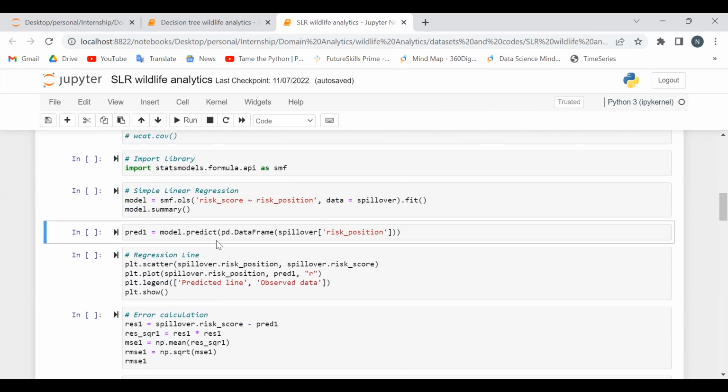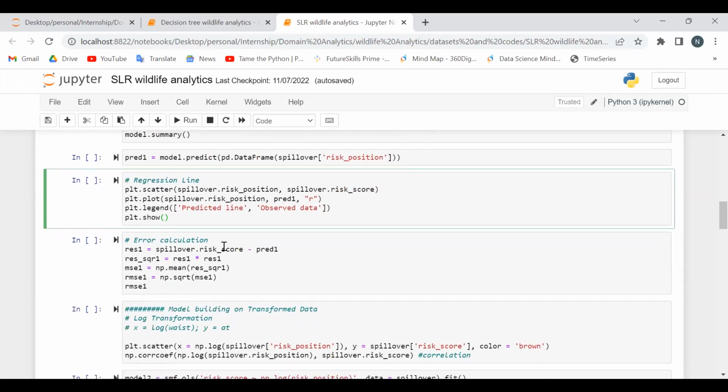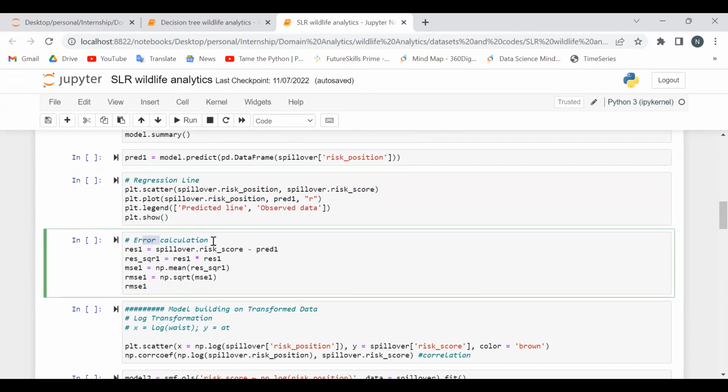And then we predict the risk position of the data. And then we draw a regression line. We also find out the error calculation.